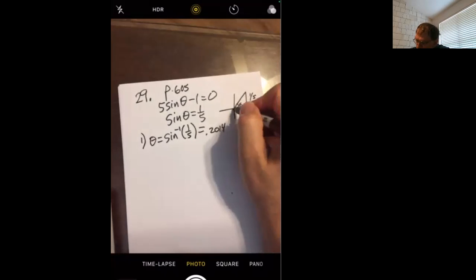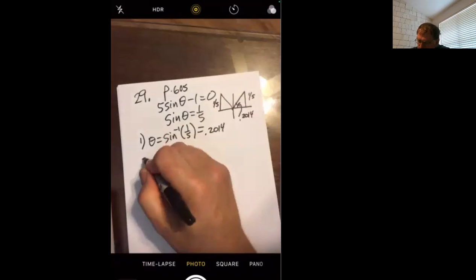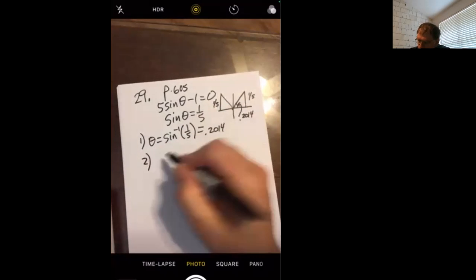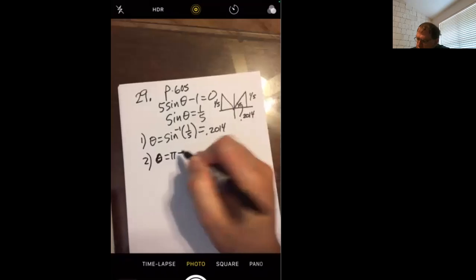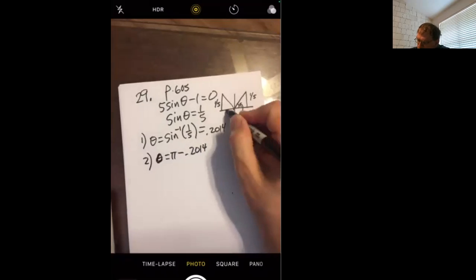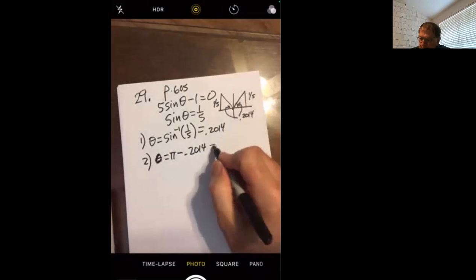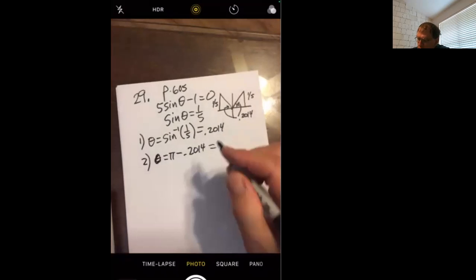Then for your second, you have 1/5 there. And so you would go theta equals pi minus 0.2014, because the 0.2014 is also here. That's 2.94.